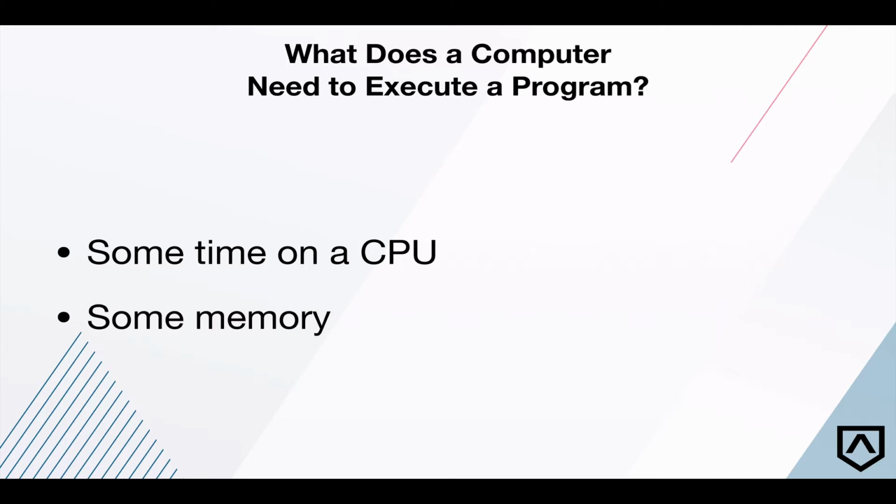So again, we need a processing unit that actually makes those updates and changes, and then we need some memory in order to actually persist those changes. And so these are the two things that are pretty much essential to executing a program.